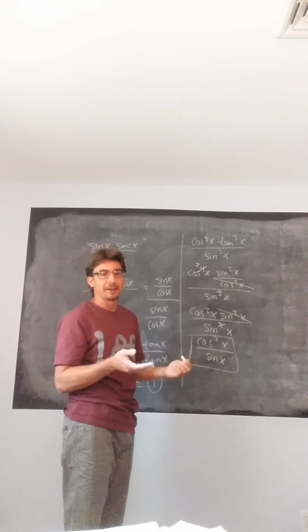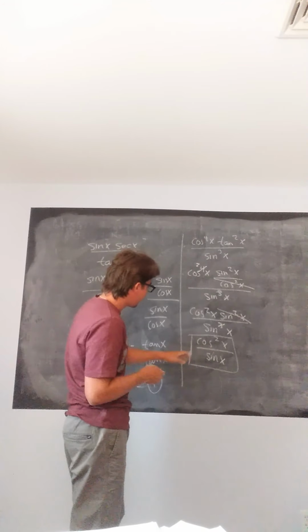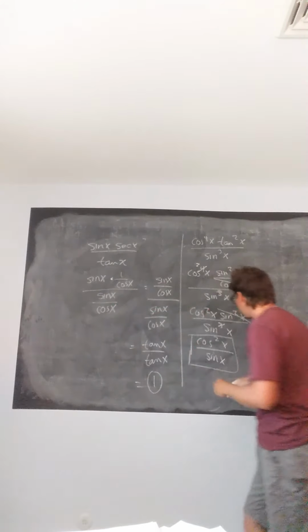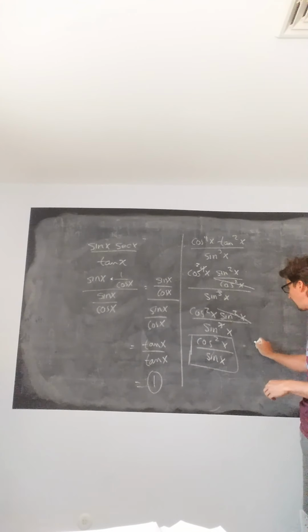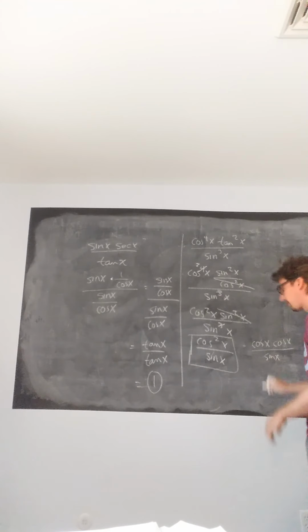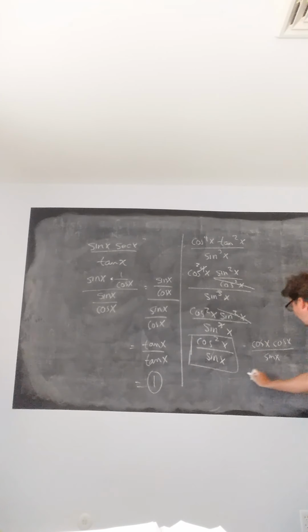I'll tell you now, it's not going to help you here. But what would happen if we kind of stretch this out and call this cosine x times cosine x over sine x, like this? You see what I did? I pulled them apart. I could write this as cosine x over sine x times cosine x.